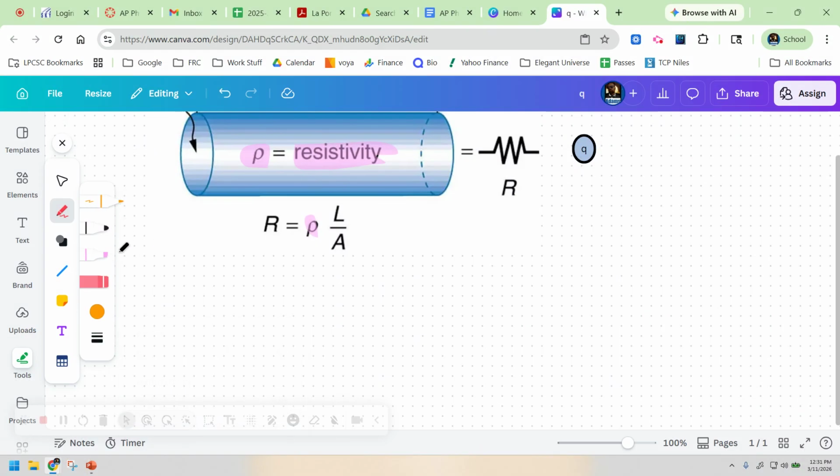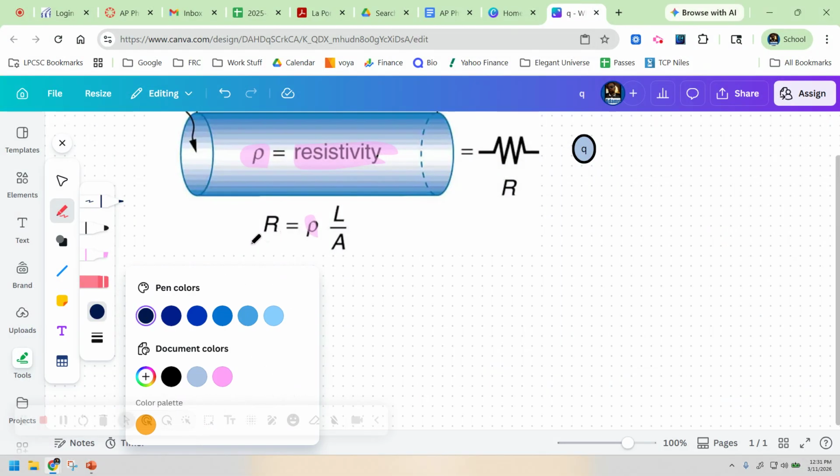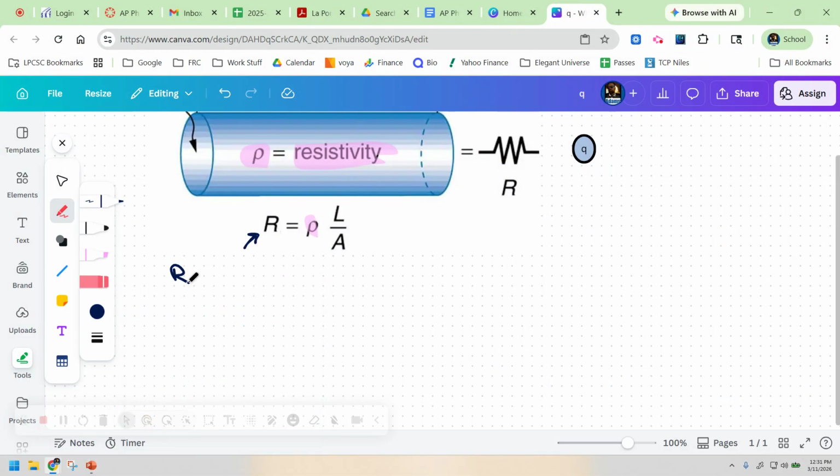So that's one way that we can actually calculate resistance. So this is resistance. This is the resistivity. That's what we're going to talk about today. This is the length of the cylinder. It's cursive for length. I just realized that you guys probably don't know how to read that. And then this is area. Okay?